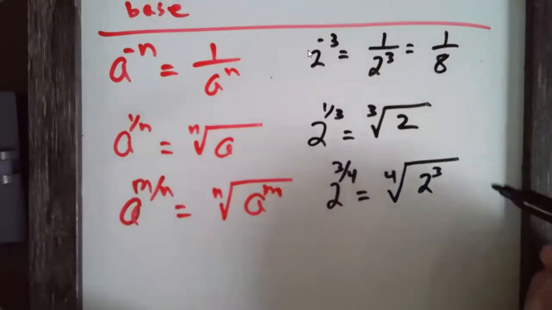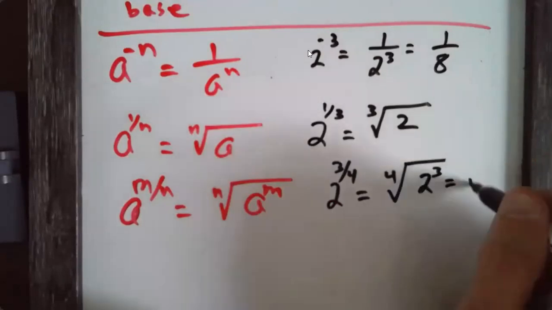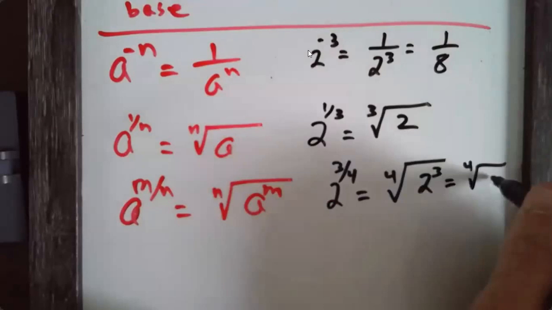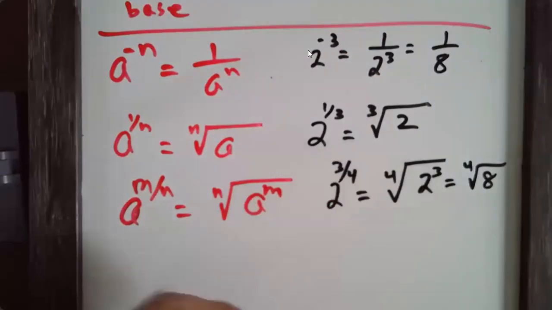Well, 2 to the 3rd power is 8. So that's the 4th root of 8, and nothing times itself 4 times will give you 8. So that's all you can do there. Okay, so that's properties of exponents.